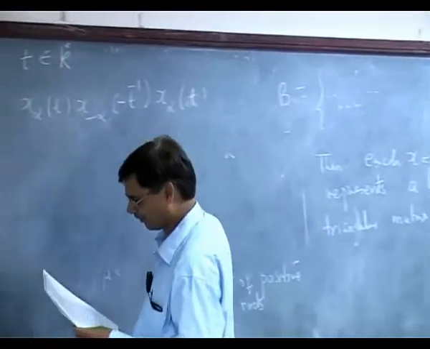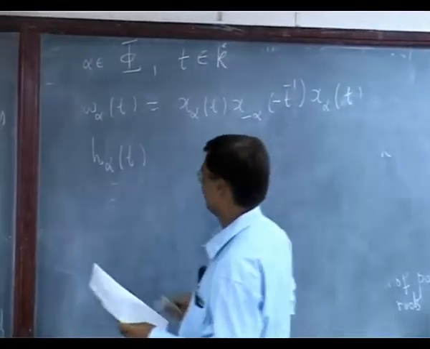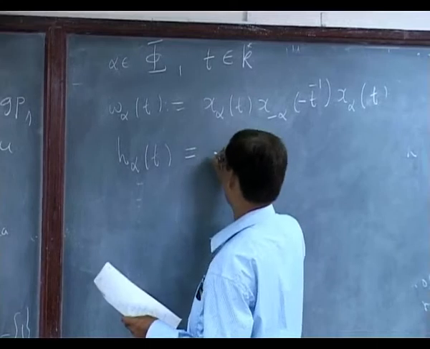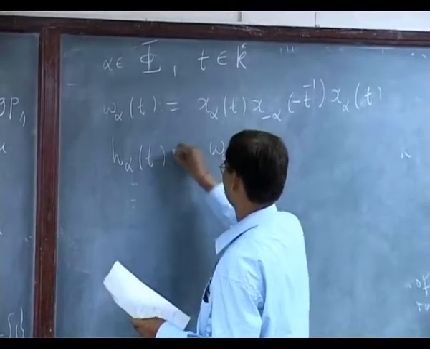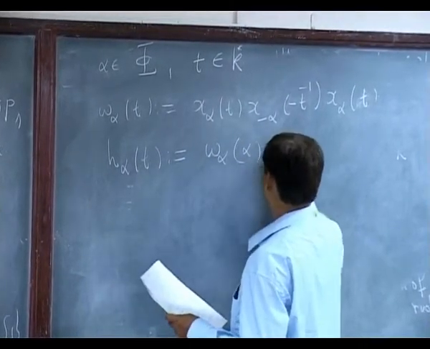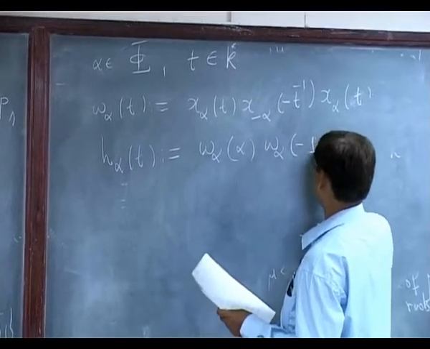Otherwise, I will correct it tomorrow. I think it is t. And H_alpha(t) is in K star, and H_alpha(t) is W_alpha(t) and W_alpha(minus 1).